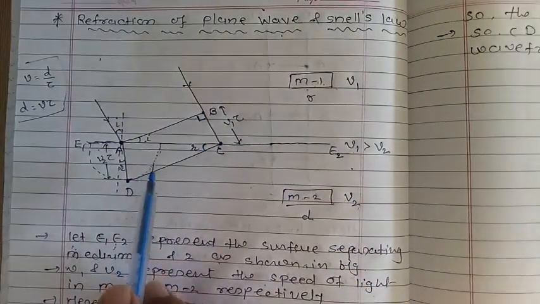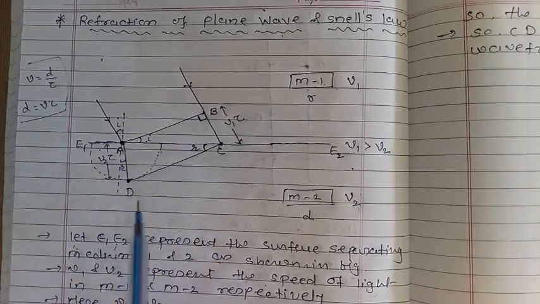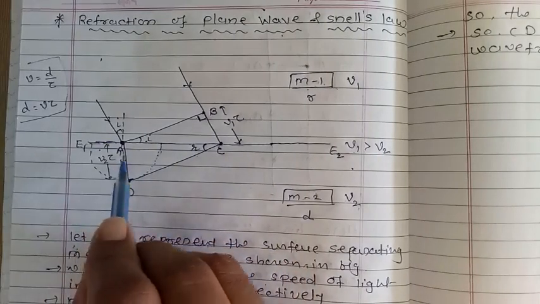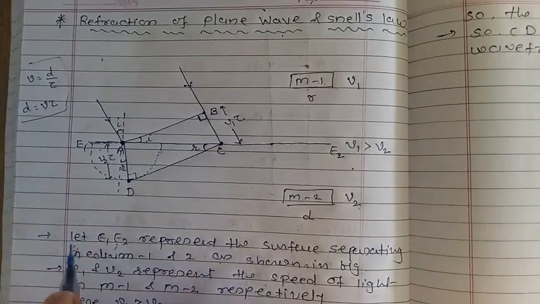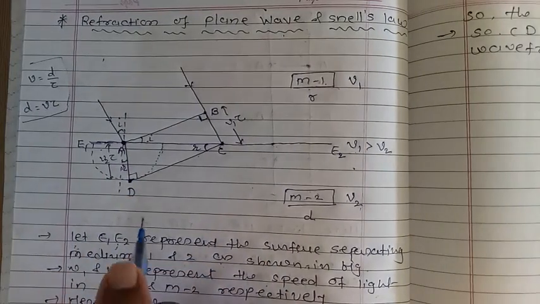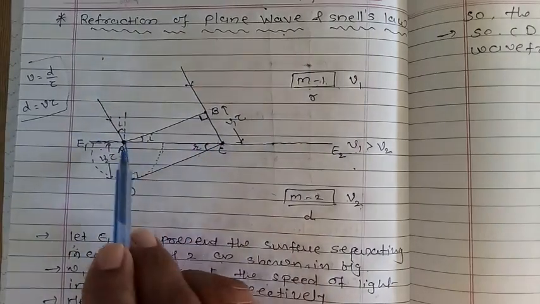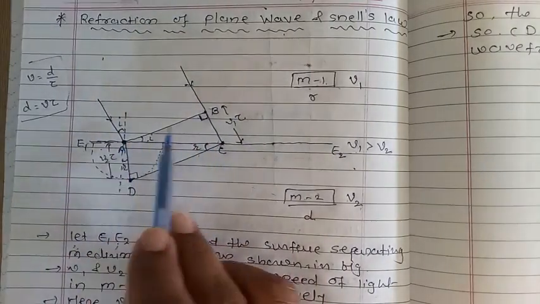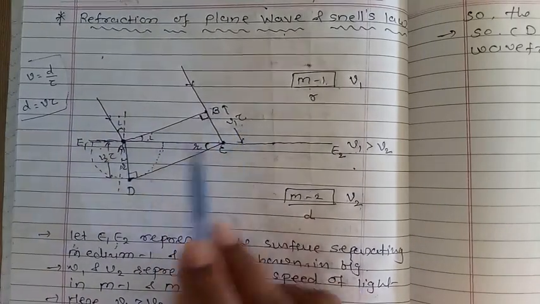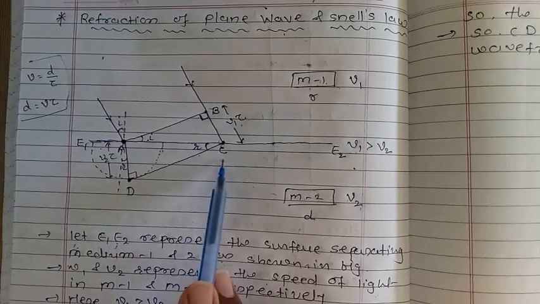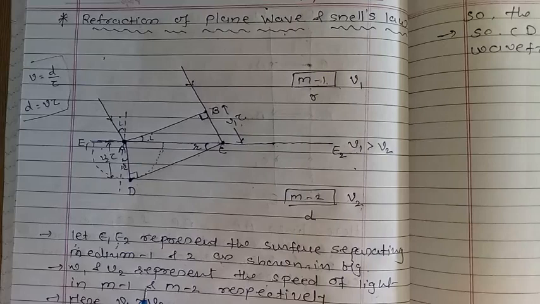And for theta 2, which is the angle of refraction, see the triangle ADC, right? So these are the two triangles, first ABC and ADC. In triangle ABC, we know BC is equal to V1 tau, and in triangle ADC, we know AD is V2 into tau.